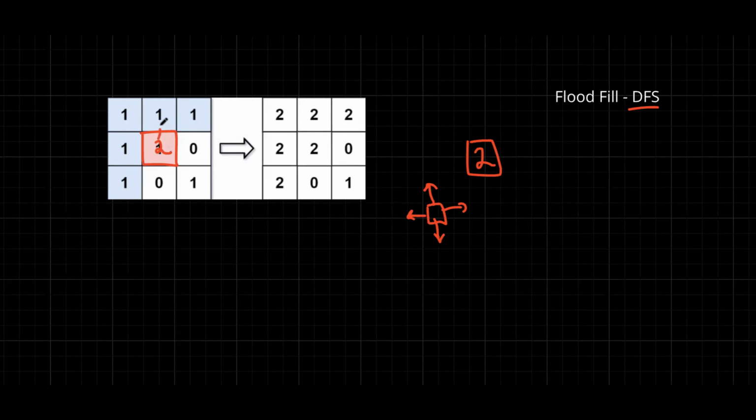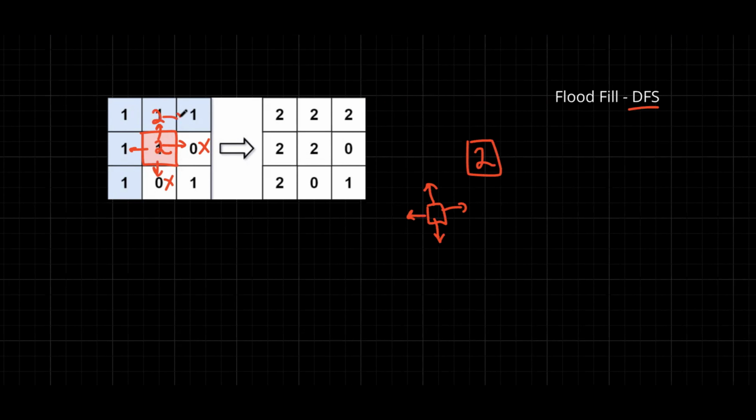Now from this cell, we can go up, right, left or down. Right and down are prohibited because they are a different color. In the upward position, we have the value 1, which is the initial color of this cell. So let's make it equal to 2.